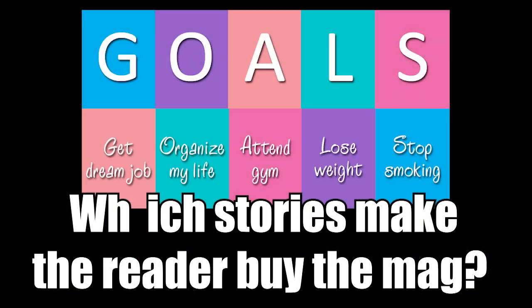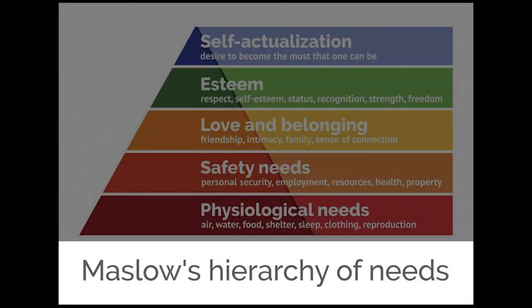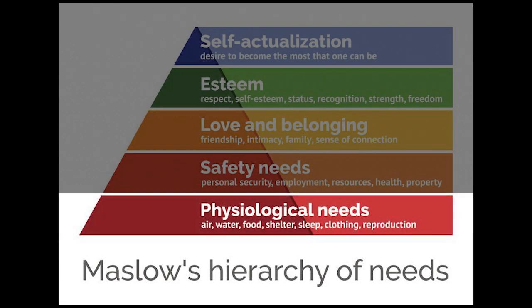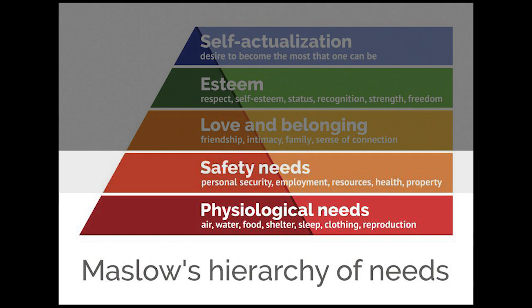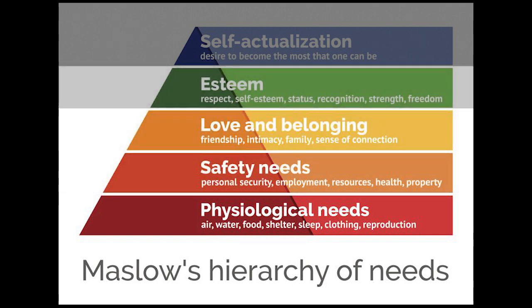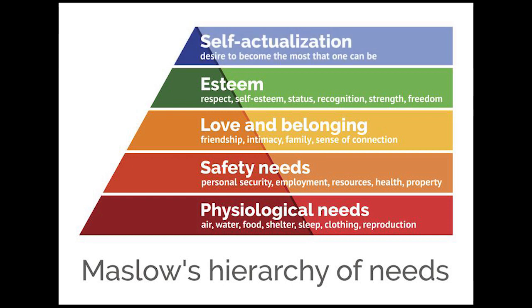In order to understand what sorts of goals are available, it might be useful for us to look at another theory, Maslow's hierarchy of needs, also known as Maslow's pyramid. At the bottom of the pyramid we have physiological needs, water, food, shelter, air, those sorts of things. Above that we have safety and security, love and belonging, self-esteem and self-respect, and finally self-actualization, living our best life.